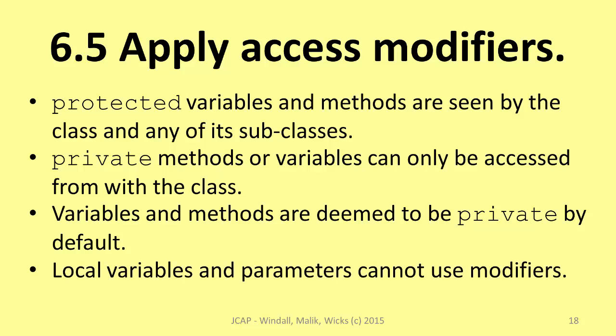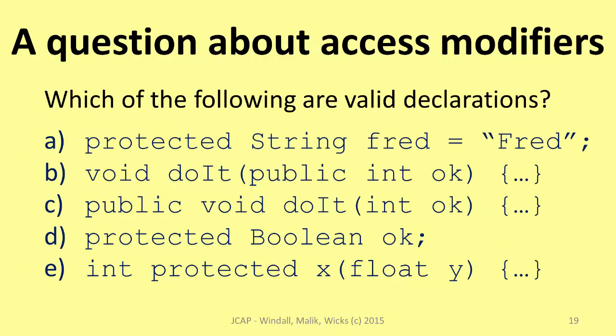Local variables and parameters cannot use modifiers, so you can't have a parameter with a modifier or a local variable with a modifier. So if you had a loop that contained a variable declaration, you couldn't put private, public or protected in front of that. Let's try this question. Again, I'll give you a minute to work out the answer.